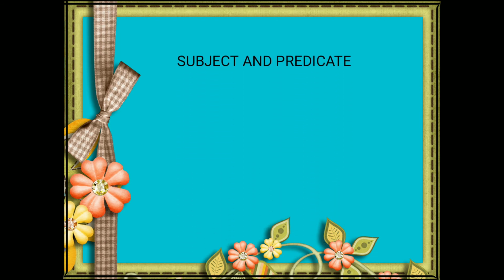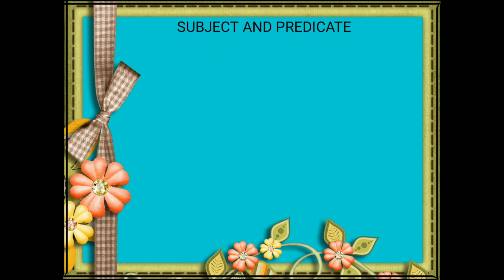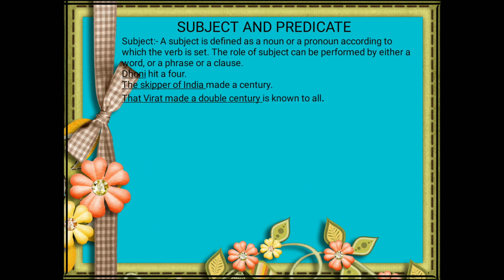Now we will read subject and predicate. First of all, we will come to know what is subject and predicate. So every complete sentence contains two parts, a subject and a predicate. So first of all, we will read what is subject. A subject is defined as a noun or a pronoun according to which the verb is set.